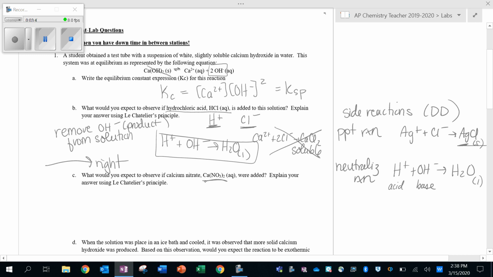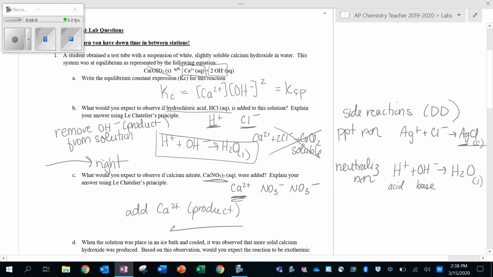Over here, we're adding an aqueous ionic compound. So just like an acid, it is going to split apart into ions. And notice in this case, one of these ions is directly found in our equilibrium system up here. So you are adding calcium ions, which are a product.